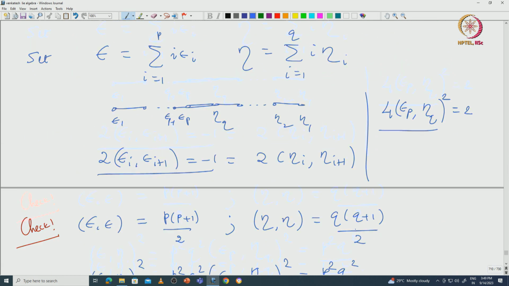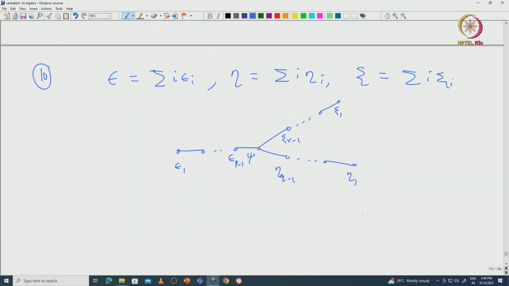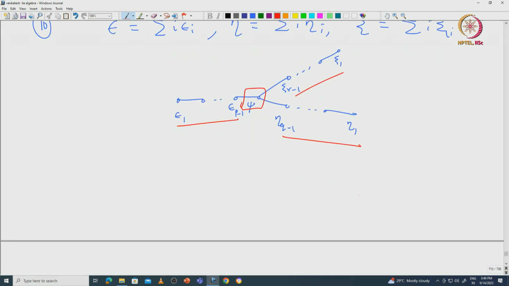So, that means you can see that if you remove this node, then epsilon is a combination of this, eta is a combination of this and xi is a combination of this. So, they are all orthogonal to each other, in particular they are linearly independent, and the branching node xi is not in the span of all these three vectors epsilon, eta and xi.